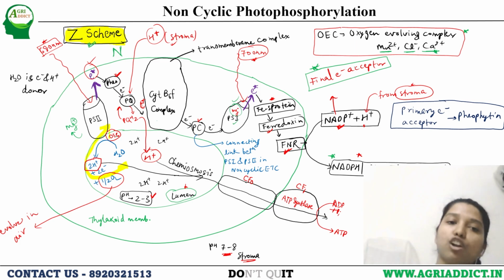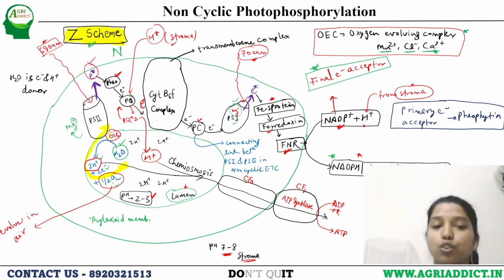This oxygen evolving complex is present in the inner membrane. It will take H2O and break it down into 2H plus, 2 electrons and half of O2. This O2 will be evolved in air. Now this H plus is in the lumen.